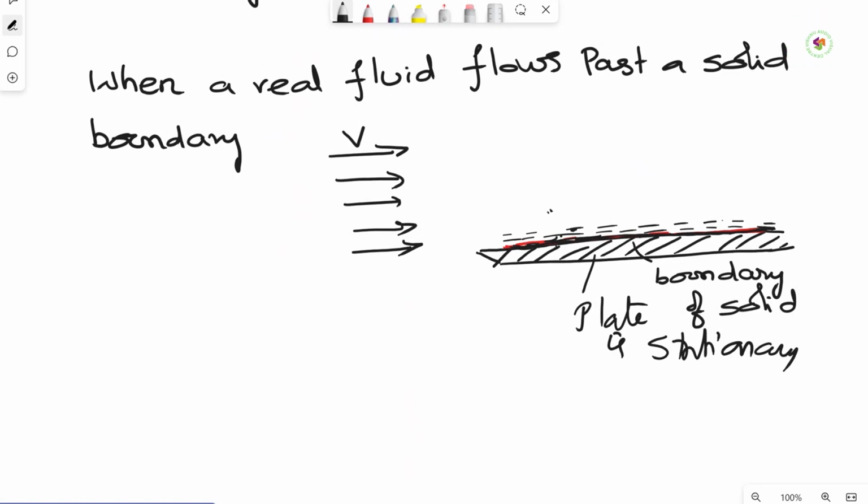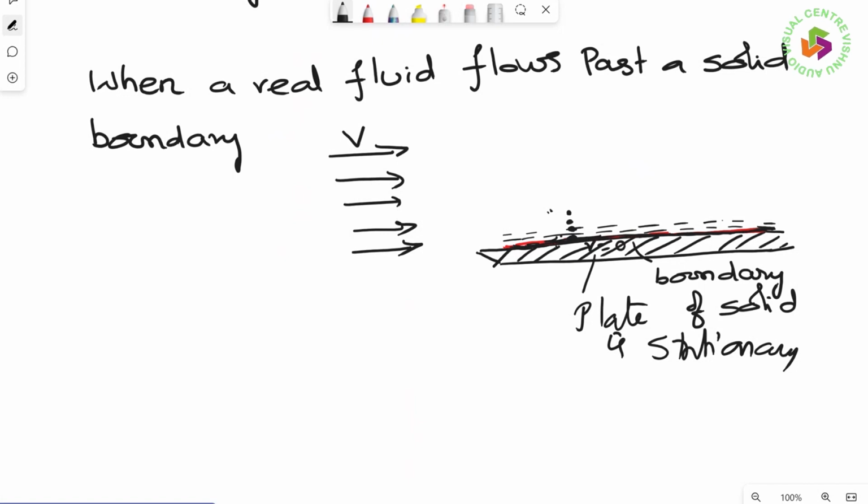For example, for a fluid particle here, its velocity is equal to zero, but the next layer may be a little bit more than zero, but definitely much less than the original velocity. The next fluid layer again has a velocity greater than the previous, but definitely less than the original velocity.